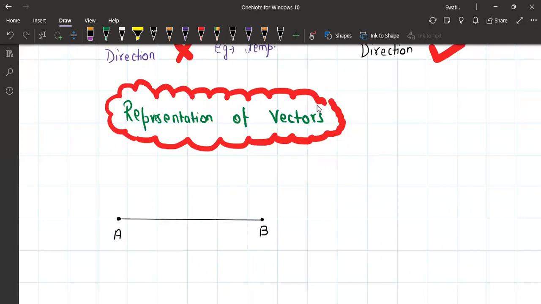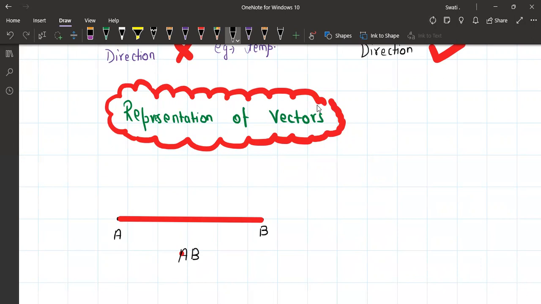This string here is nothing but a line segment. It is basically a line joining both the nails A and B. Let me write down here. This AB is basically representing a straight line segment joining point A to point B.